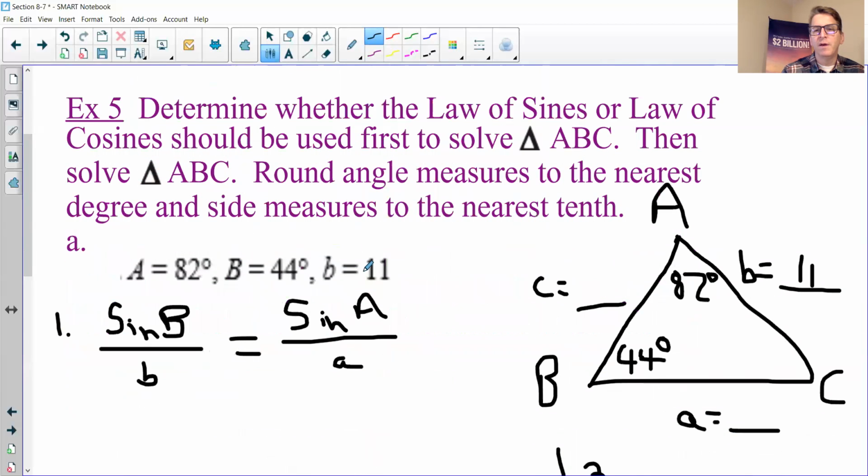So we'll first start with sine of B over B. If we have this side B, we're going to have to get that ratio for sure.